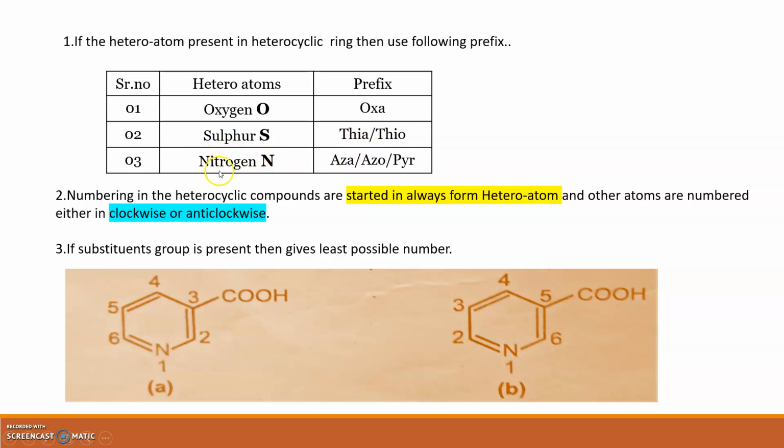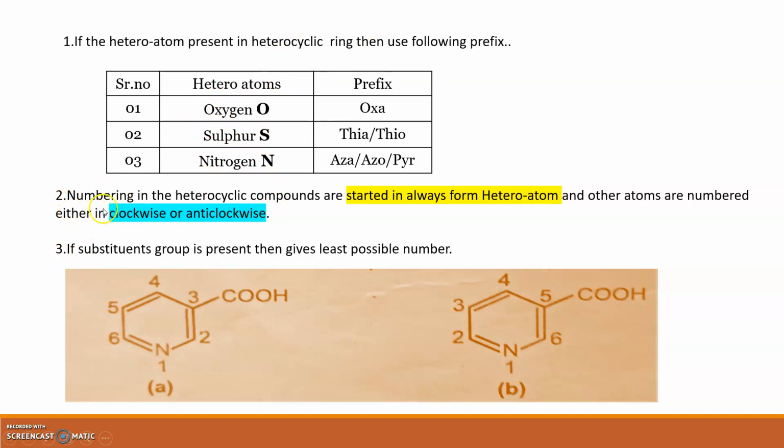If the heteroatom present is nitrogen, the prefix used is aza, azo or pyra. This is the first point. These three heteroatoms, oxygen, sulfur, and nitrogen, are frequently present in different heterocyclic rings.